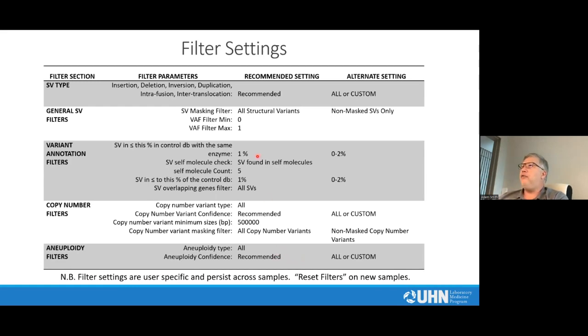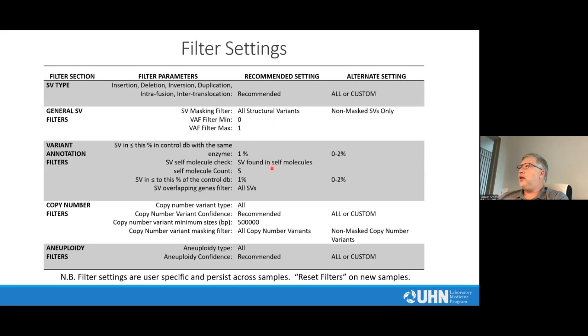But if you are more familiar with the software, you'll probably recognize most of these settings. If you pull up the filter settings on Access, these are the tabs across the top, and then these are how we set the filter settings.